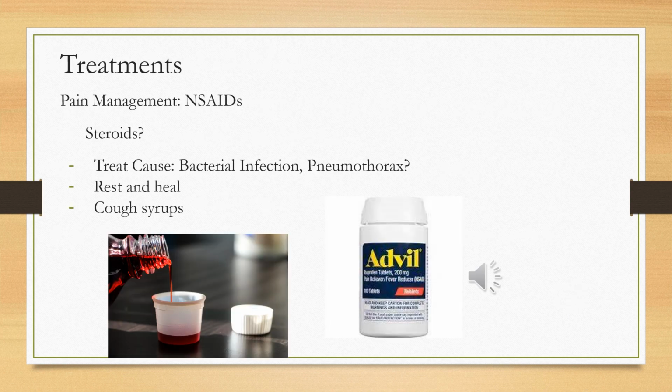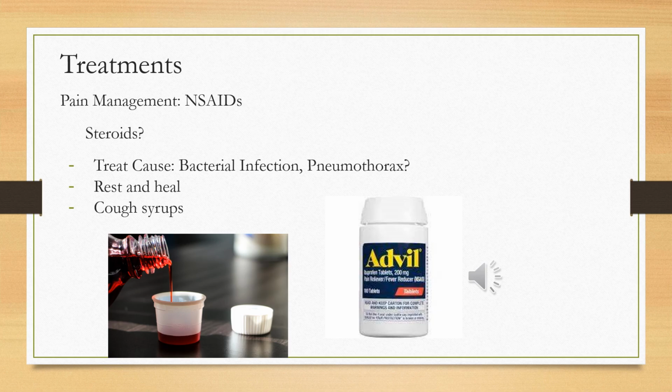So what sort of treatments are available for pleurisy? The main primary symptom of pleurisy is pain, so we're looking to focus on pain management, through the administration of non-steroidal anti-inflammatory drugs, okay? This will help decrease the inflammation and thereby relieve the pain.